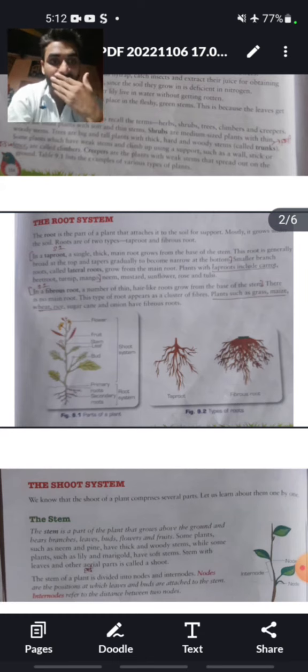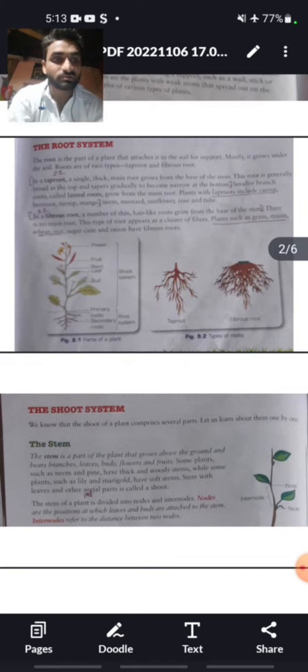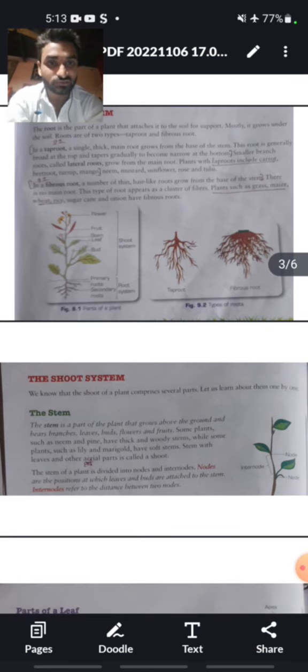What is a tap root? In a tap root, a single and thick main root grows from the base of the stem. This root is generally broad at the top and narrow at the bottom. You can see the taproot very well in our figure. Now second, we discuss the fibrous root. In a fibrous root, a number of thin hair-like roots grow from the base of the stem, and you can see the fibrous root very well in our figure.